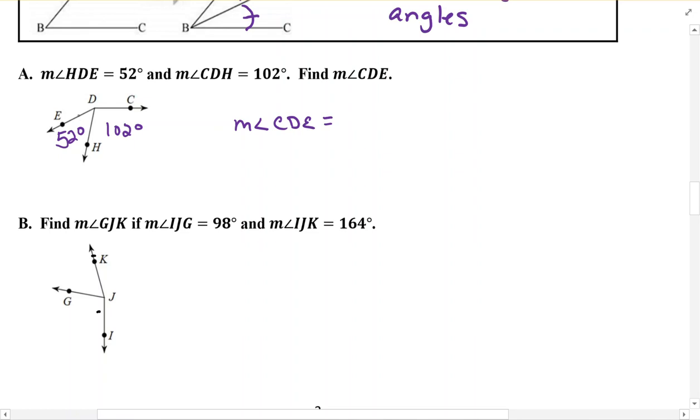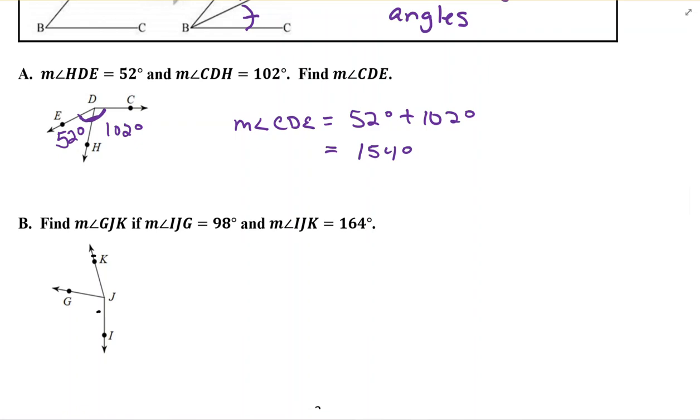To find the measure of CDE, which is the whole angle here, we would add the two parts. And I know that you can add this in your head and get 154 degrees, but on a quiz or a test, you might want to write down 52 plus 102 just in case you make a simple addition error.